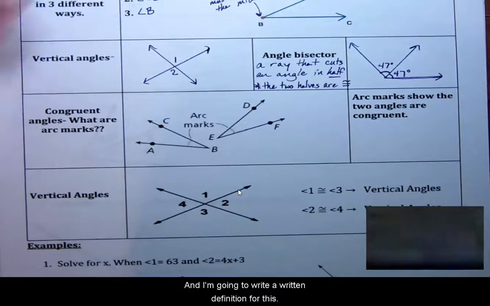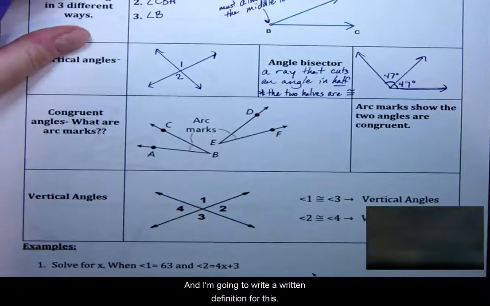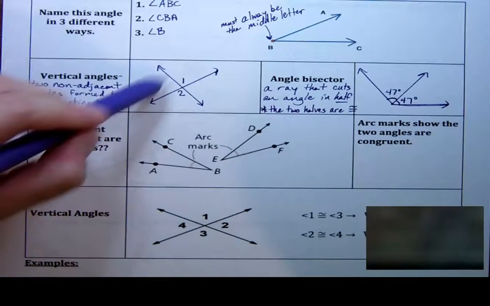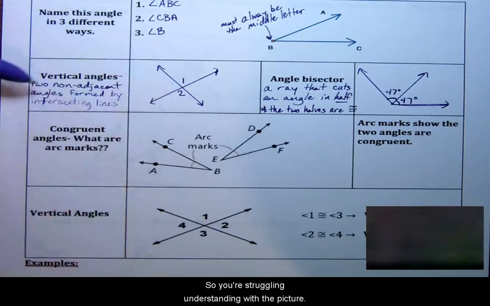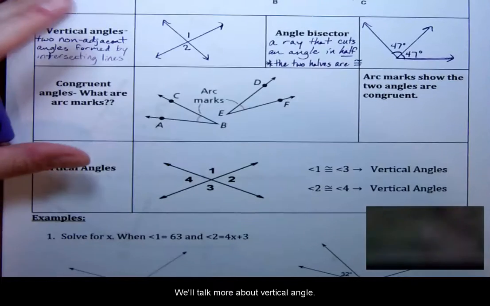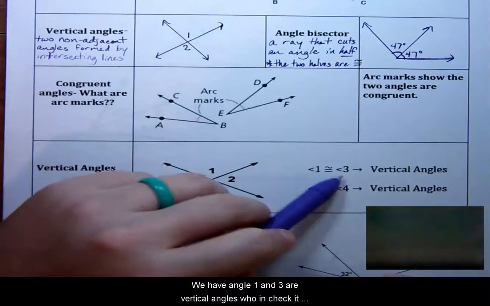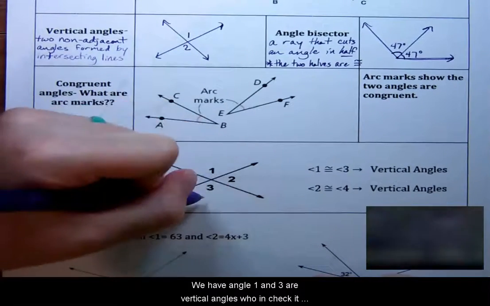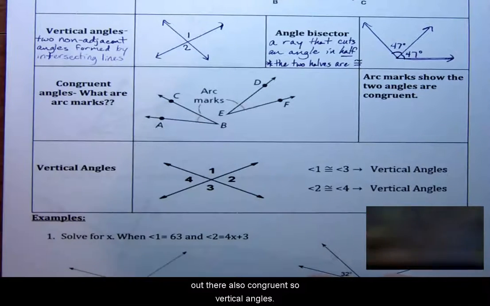And I'm going to write a written definition for this quick. So if you're struggling understanding with the picture, here's the written out words for the definition of vertical angles, and you can write that down if you need to. We're just talking more about vertical angles. We have angle 1 and 3 are vertical angles. Ooh, and check it out, they're also congruent.